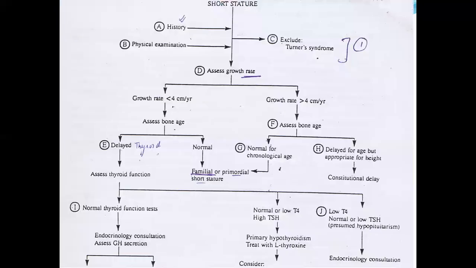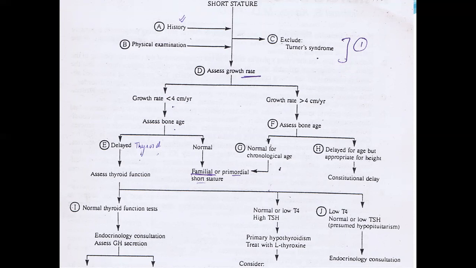Now, finally, we come to a table or algorithmic representation. We will take the history and physical examination, and we will assess the growth rate. If the growth rate is less than 4 centimeter per year, then we will assess the bone age. If it is normal, then it means familial short stature.